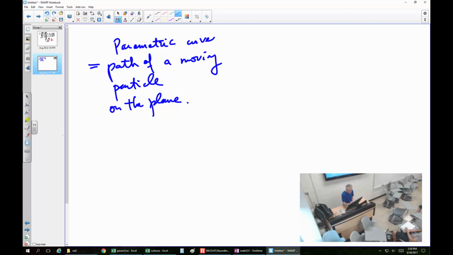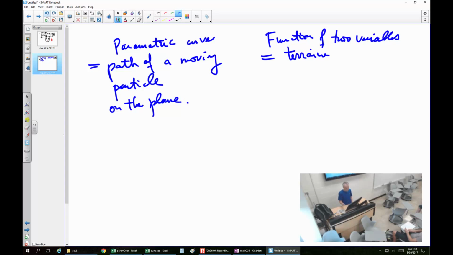Similarly, if we're talking about functions of two variables, the metaphor for instance of its existence in real life is terrain.